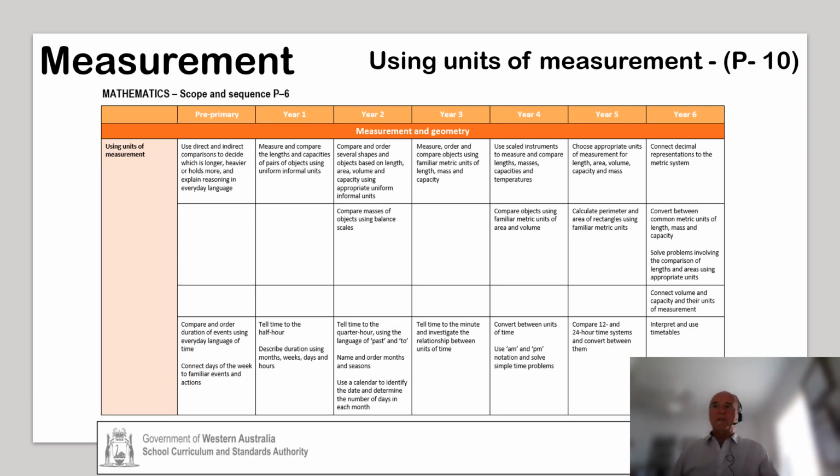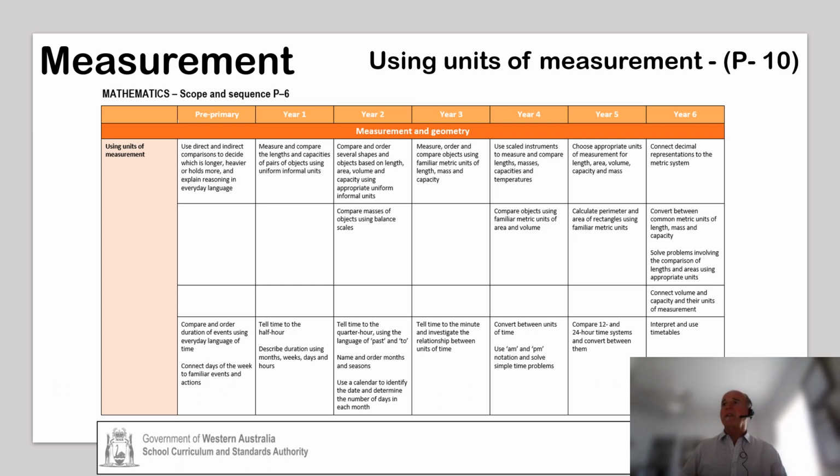Now, this is up to you to have a look at, but in the SCARSA document in the Mathscope and sequence, you'll see that this slide shows using units of measurement and how it works from pre-primary right across to year 6. If you read across that top line, in the pre-primary they're using direct and indirect comparisons at the top.